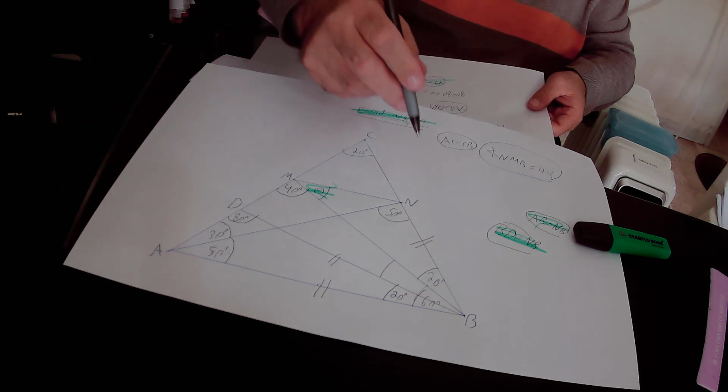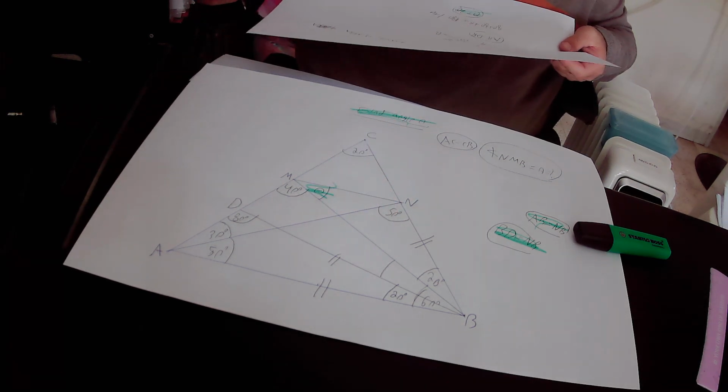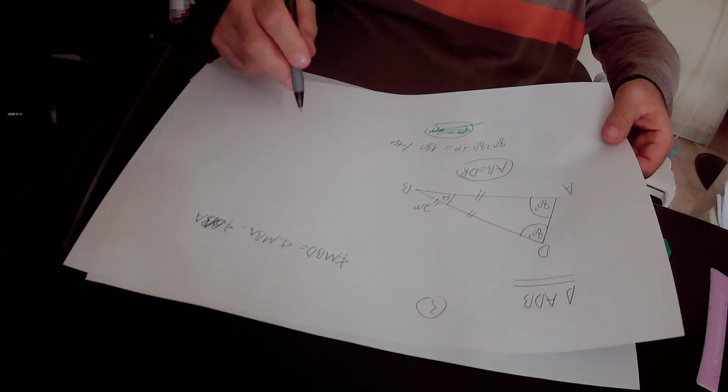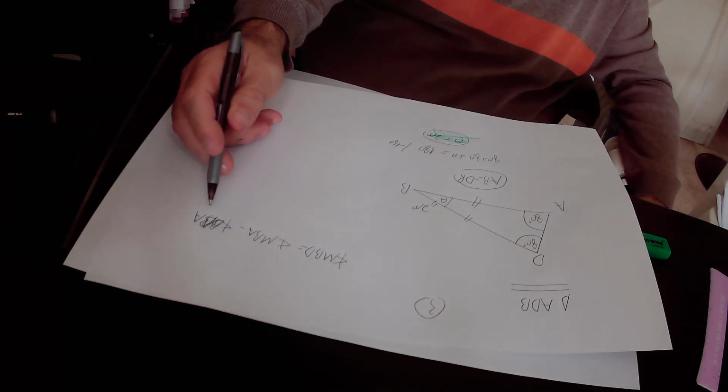Repeat again: the missing angle MBD is equal to the big angle MBA minus the small angle DBA.